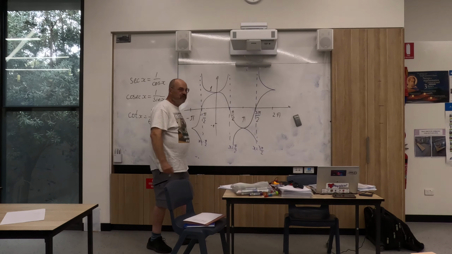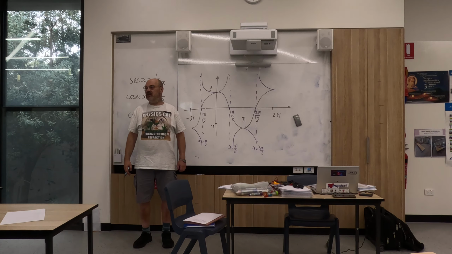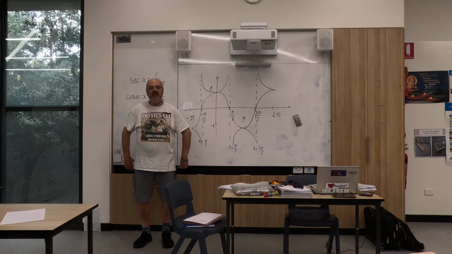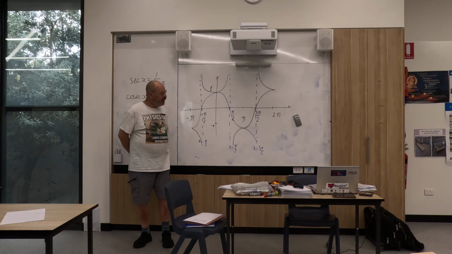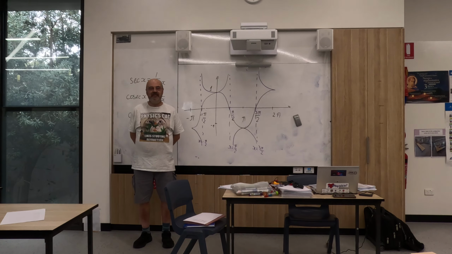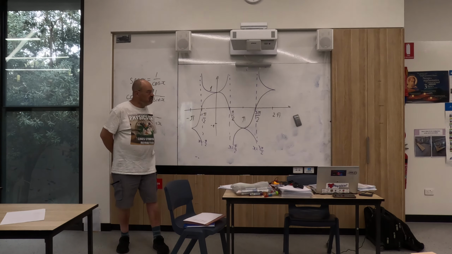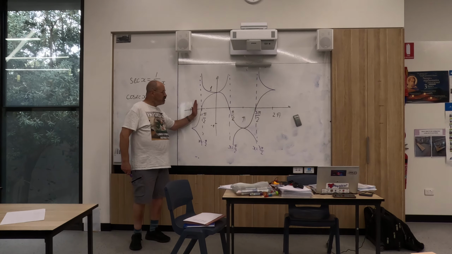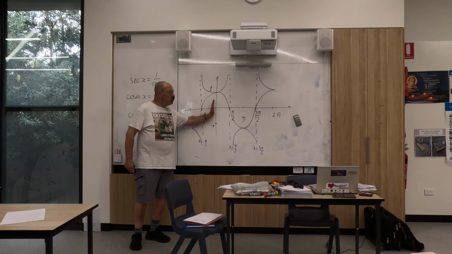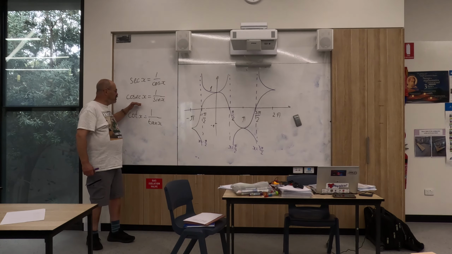So sine x we can sketch in exactly the same way. How can we, in general, obtain the graph of sine from the graph of cosine? Yes, it's a translation of pi on 2 in the positive direction. So if we translate this graph pi on 2 to the right, we will get sine and cosecant x.